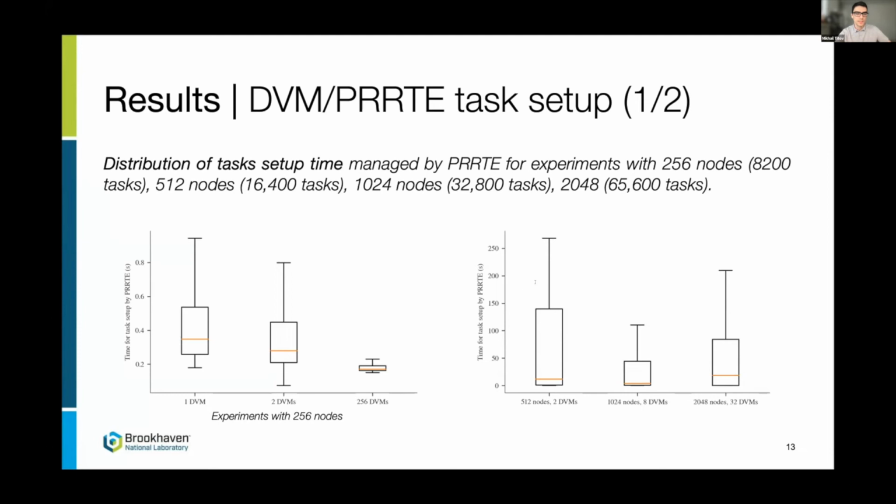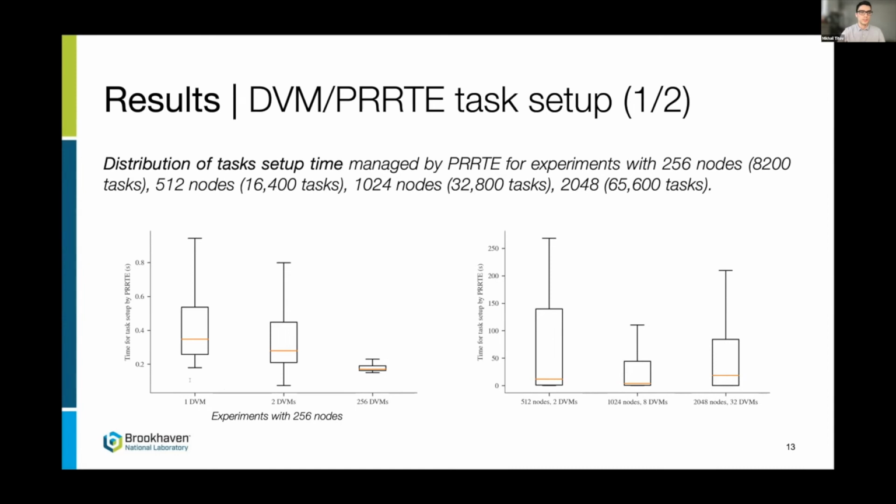And that was the case from 500 to 1,000. But something else started affecting it when we increased to 2K nodes. We'll talk about this later as well. This is something we wanted to capture.